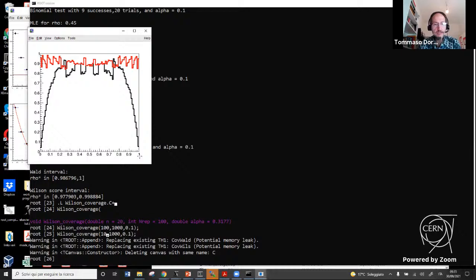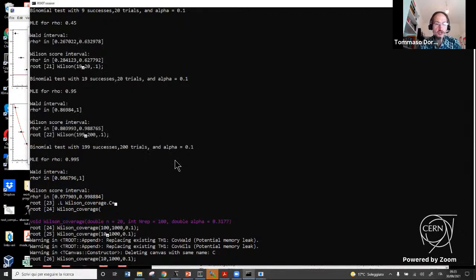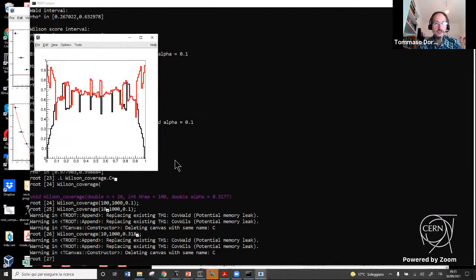Okay, so you can change the type 1 error rate and see what happens. So this is, for instance, for 1 sigma. It's centered around 0.68, but again, there is significant undercoverage on the tails. So you see, you can draw intervals with different recipes, and they will have different coverage properties.